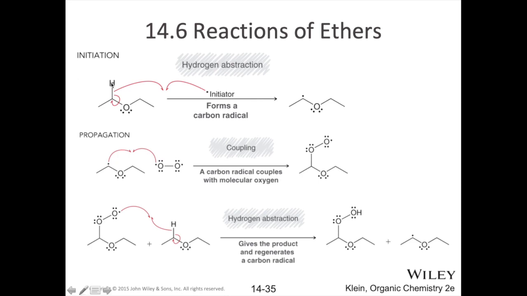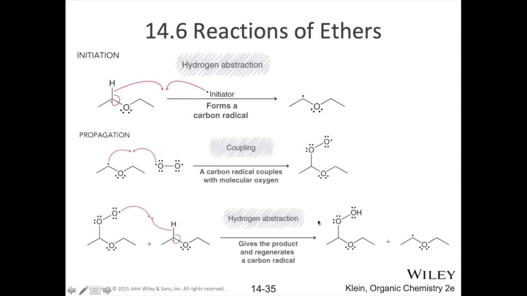So you first start off with the initiation step, which involves a hydrogen abstraction to create your initial radical. Then in the propagation step, that radical reacts with an oxygen molecule. That oxygen then still has a radical left over on it. That will do a hydrogen abstraction on another ether molecule, which is what we saw back in that initiation step.